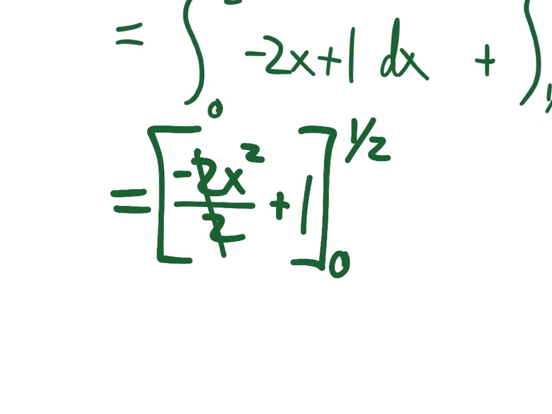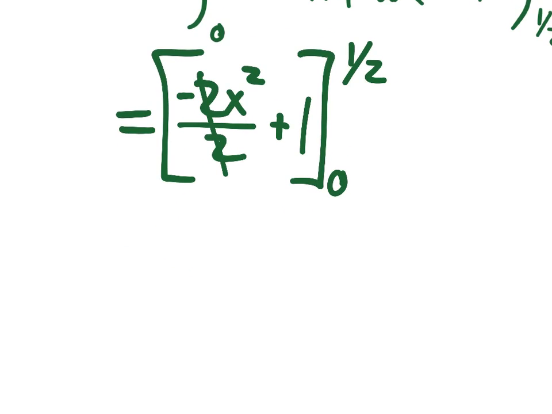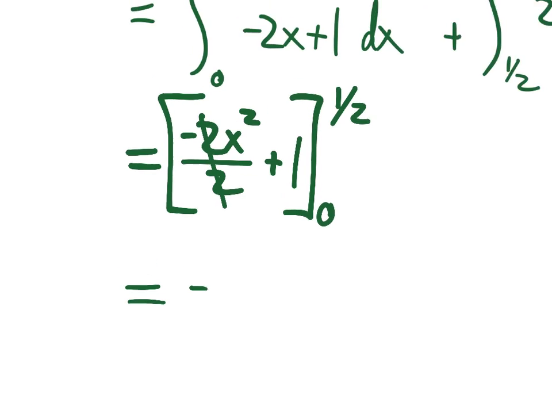When I plug in a half, what do I get? Negative 1/2 squared plus 1/2. Negative a half squared, so negative 1/4.